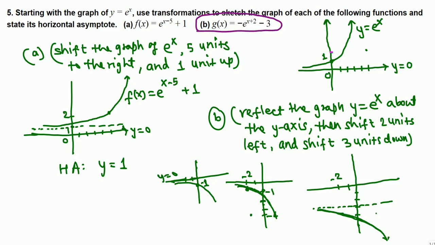So this is the graph of f(x) equals negative e raised to x plus 2, minus 3, and y equals negative 3 is the horizontal asymptote. So HA: y equals negative 3. Okay, final.